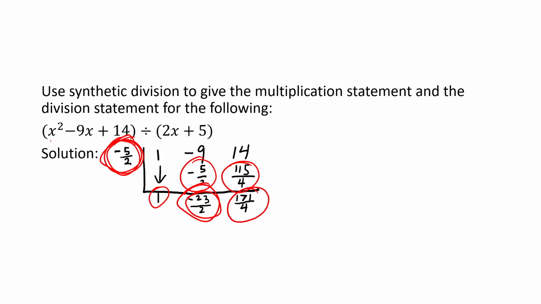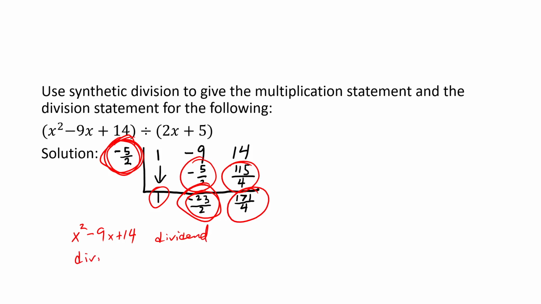When you take a quadratic dividend and divide it by a linear divisor, you're going to end up with something linear.